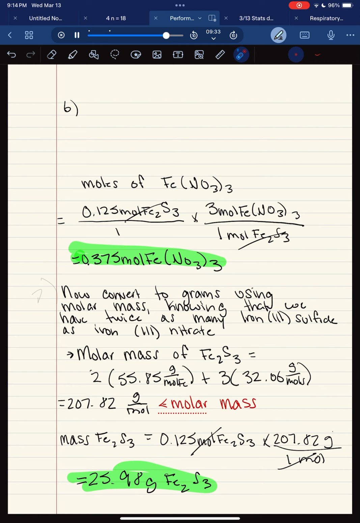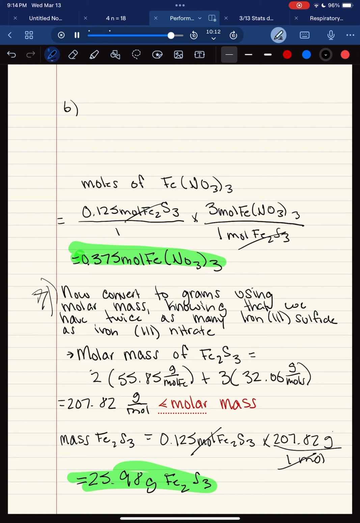And now we need to convert to grams using the molar mass for question 7. So now convert to grams using molar mass, knowing that we have twice as much iron sulfide as iron nitrate. So the molar mass of our Fe2S3: when we break this down, we have 2 iron, which is 55.85, and 3 sulfur, which is 32.06.